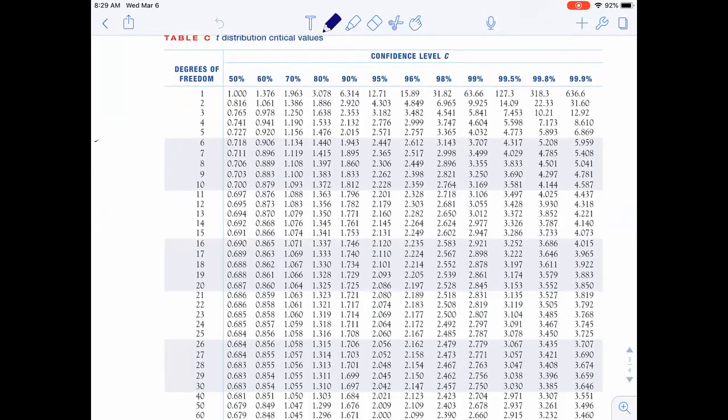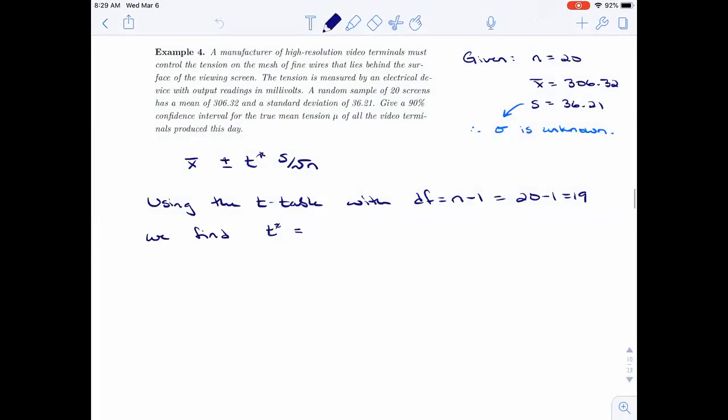So we're just going to use that. And 90% here, I'm landing on 1.729, but it's actually kind of hard to see here. You guys getting 1.729? Cool. So then our t star is 1.729 for a 90% confidence level.